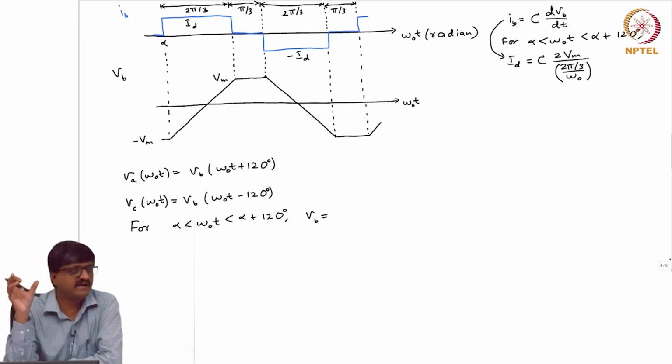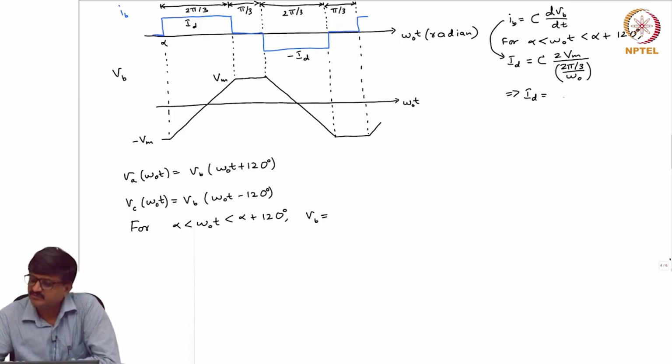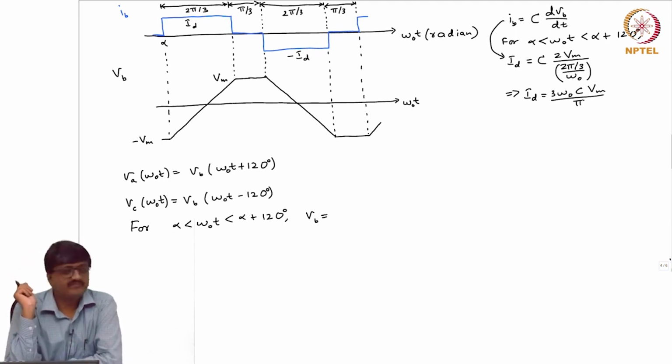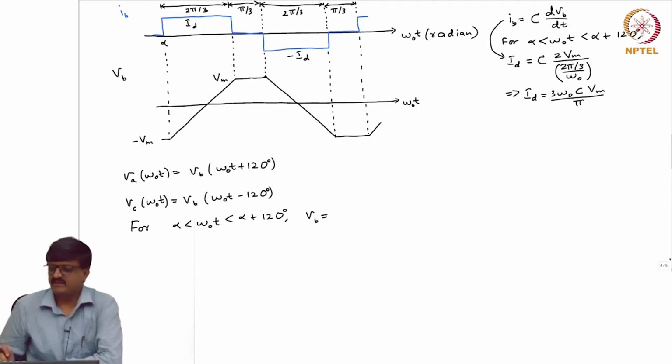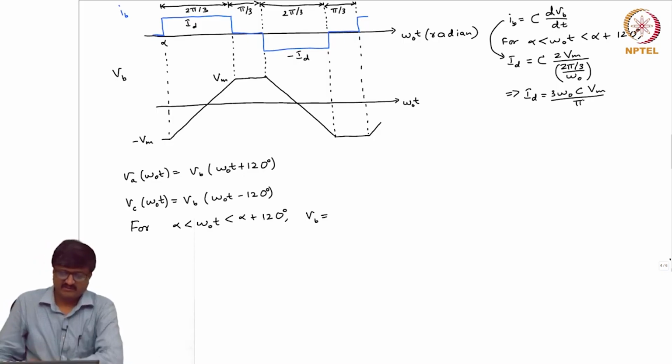The time is angle divided by the angular frequency. So this simplifies to ID is equal to omega O C Vm into 3 divided by pi. So I can relate ID, omega O, C and Vm.